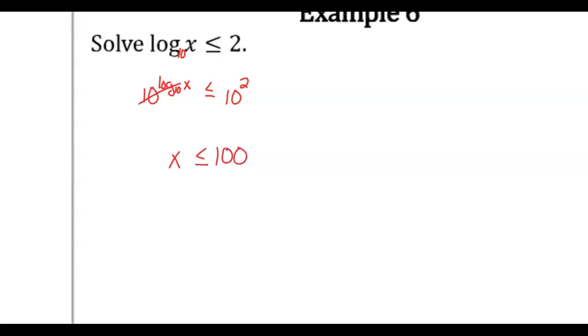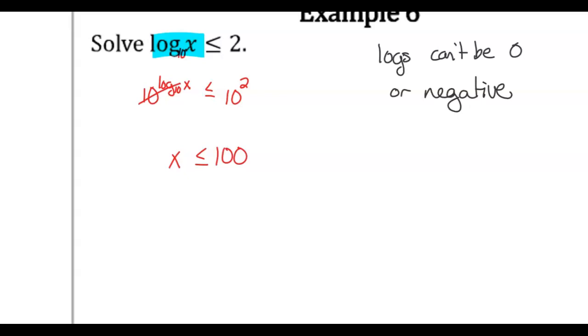Now, when it is a log, remember the rule we learned about logs: log functions can't be 0 or negative. So since logs cannot be 0 or negative, although x is less than or equal to 100, it also has to be greater than 0.